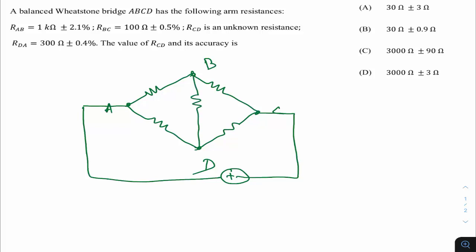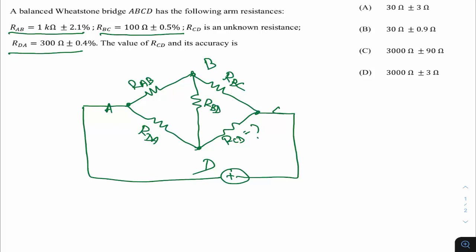Now let us write the data. This is your RAB, then this is your RBC, connected between B and C. This is your RCD, the unknown, and this is your RDA, and this is your RBD.